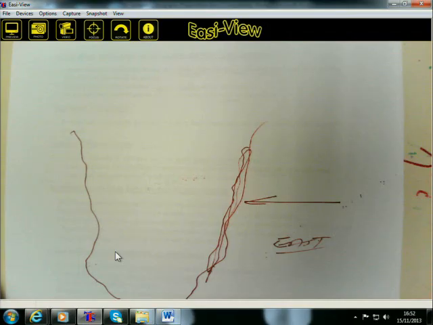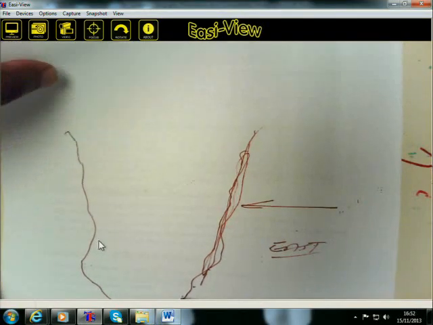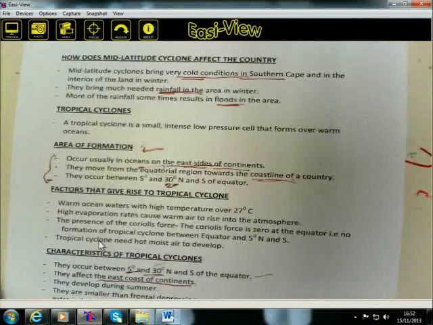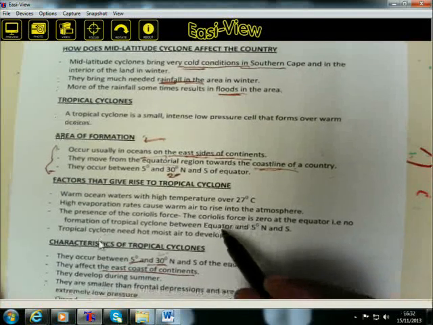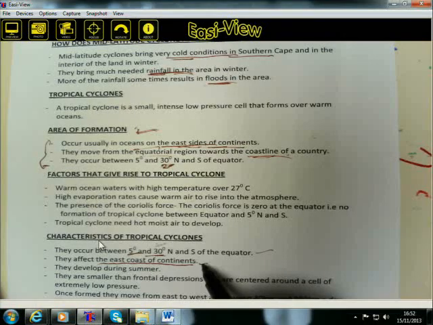Remember we said they develop on the eastern side of the continent. And now they affect the eastern part of the continent because they come from the east. That's number two.